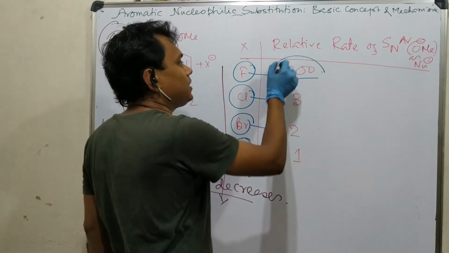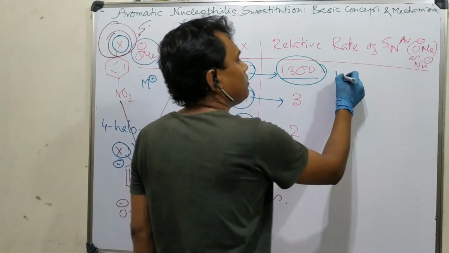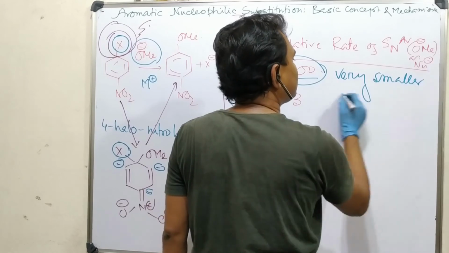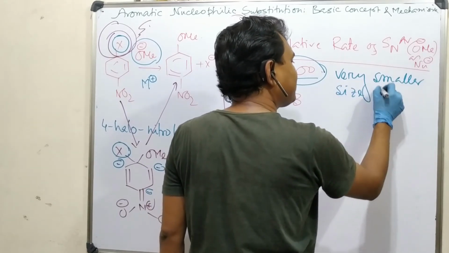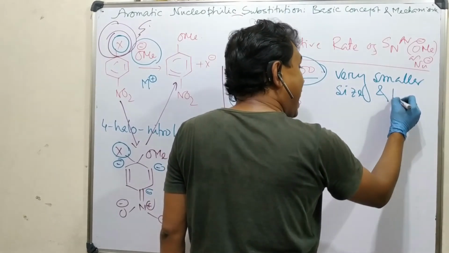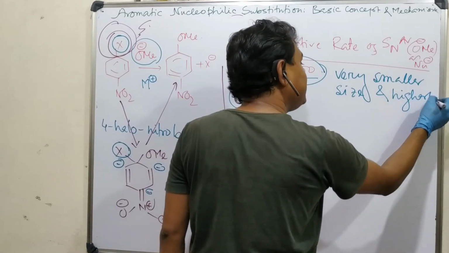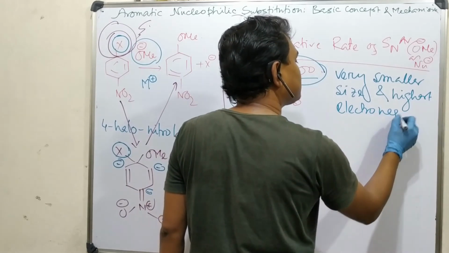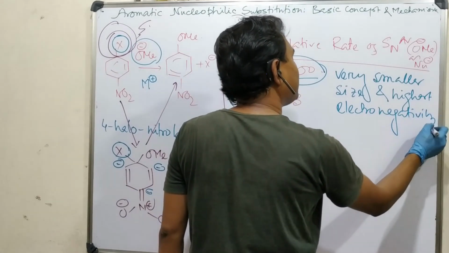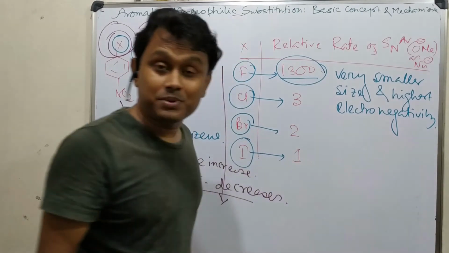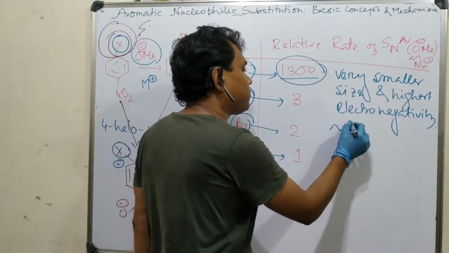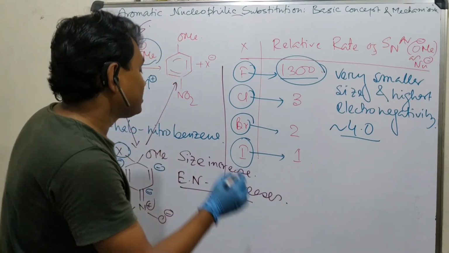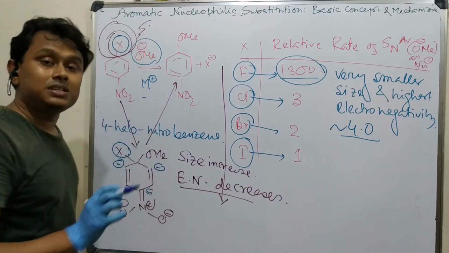Why exceptionally high for fluorine? Because of its very small size and the highest electronegativity, among the series as well as among the periodic table, around 4.0 on the Pauling scale. Fine. So that is the reason and that is the uniqueness of this concept.